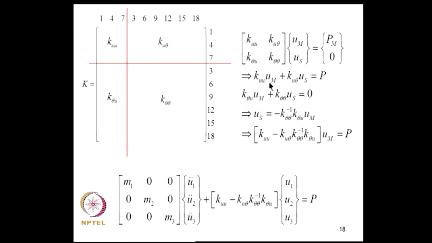So, the first of the equations as usual leads to this, and in the second one the subscripts m and s are master and slaves. The second equation can be used to eliminate slaves in terms of masters, and if you put back this relation into the original equation, I will get this as the governing equation. So, the stiffness matrix for the system, which is 3 by 3, is actually given by this. The mass matrix is diagonal m1, m2, m3, and all other entries are 0.